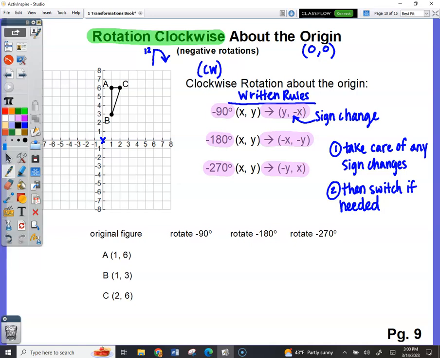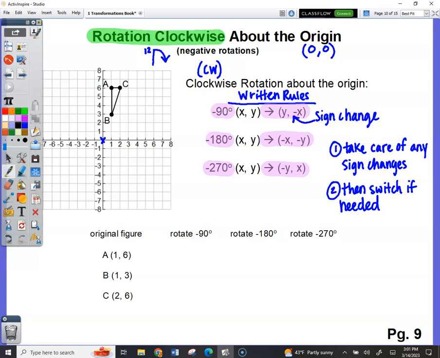So, when you're applying the rules for rotations, there's sometimes two steps involved. One step is something has a sign change, and the other step is you have to take the x and the y and you switch them, okay? Now, I say sometimes because which rule are x and y in the original positions that they started with?